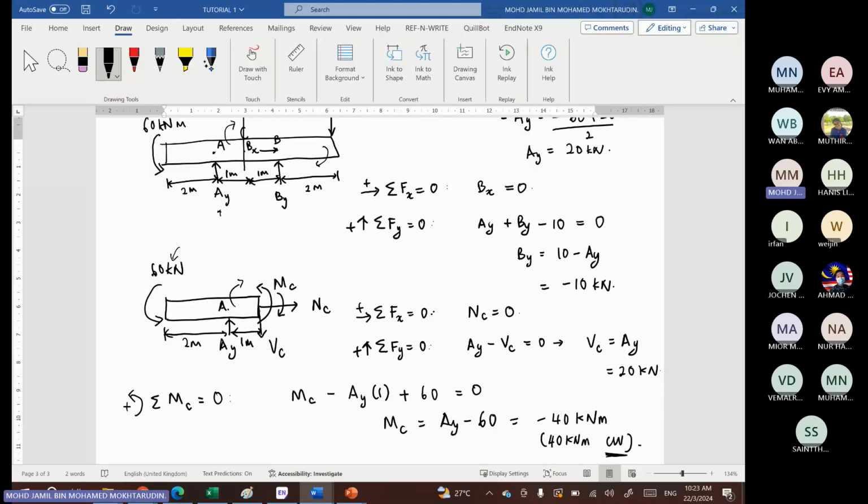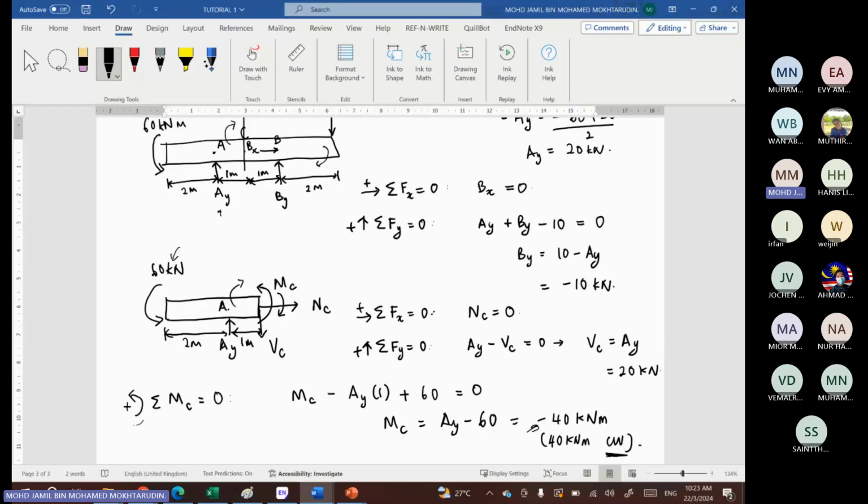Tapi in the end if you draw your free body diagram and then you show in your free body diagram the direction correctly, contohnya macam soalan ni MC counterclockwise, you draw the direction and then in your calculation pun you guna correctly, okay? MC positif sebab you define counterclockwise positif. Tak kisahlah jawapan akhir apa, yang penting kita tahulah kalau negatif it's clockwise based on your definition.